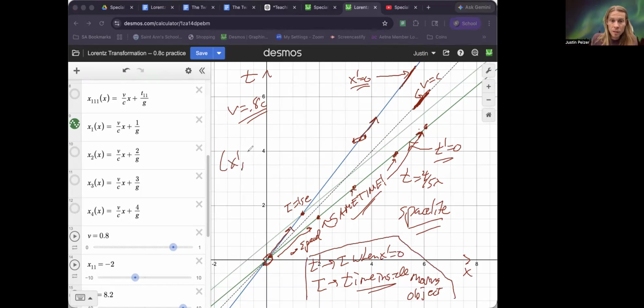Remember, x prime, t prime are what the moving observer sees, but this could be outside of itself. It can see something outside of itself happen at a different time, like I'm seeing somebody else walk down the street. That's not my internal time. I see it, I measure it with my clock, and say, hey, that guy's eating a hamburger.